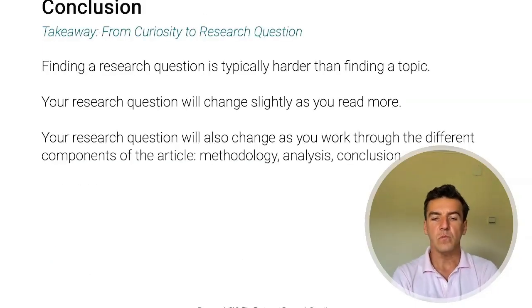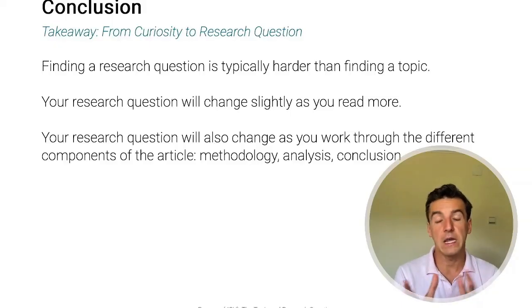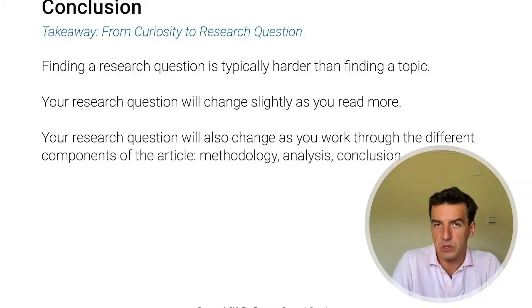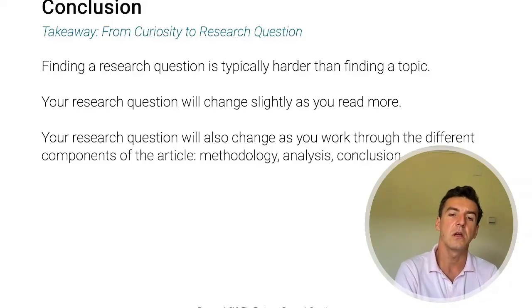Okay, we have covered quite some ground today. We covered how to come up with a topic and how to come up with a research question. I hope that now there is a clear distinction between the two. Finding a research question is typically harder than finding a topic. A topic is just more generic than a research question.